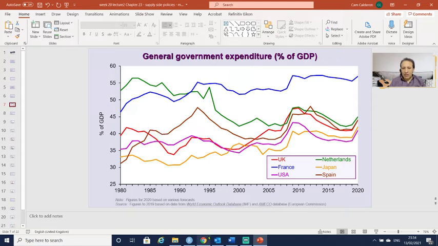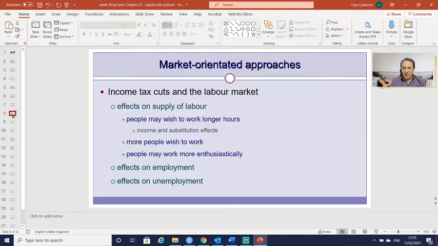You can check their page and keep track of what is going on in terms of government expenditure. I foresee that for the month of January 2021, as we are in lockdown again, we are not going to have improvements in terms of government expenditure. Obviously, it's going to be very high.